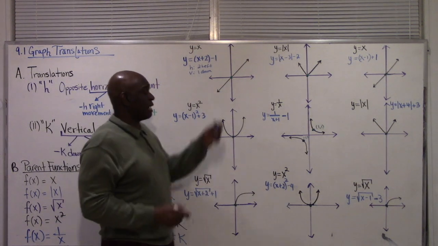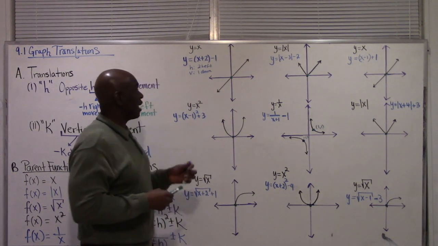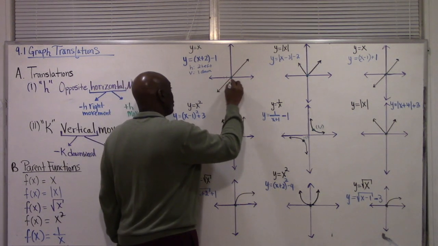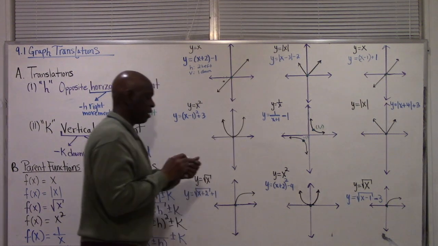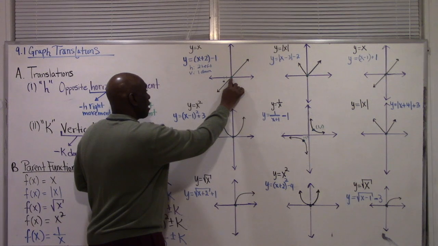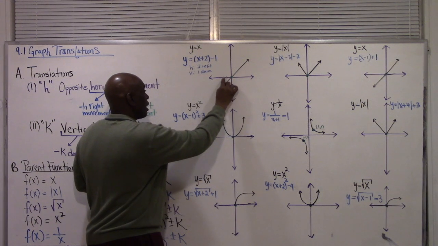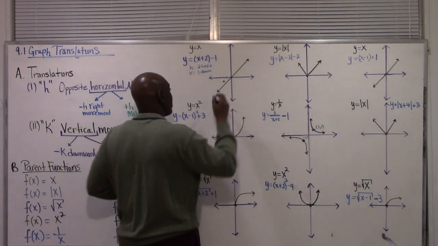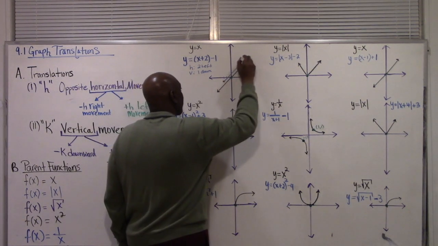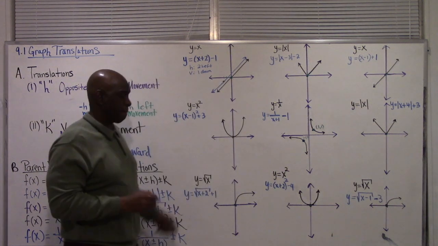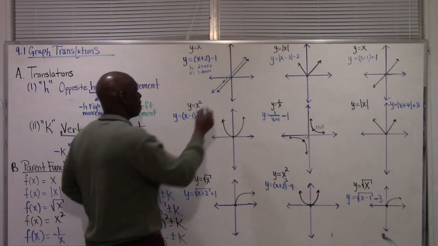So take that green dot and move it 2 to the left, 1, 2, and then 1 down, right there. And then draw the parent function. Here's the graph. It looks like this. That's the translated graph, and we're done.